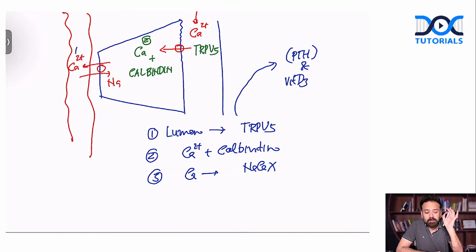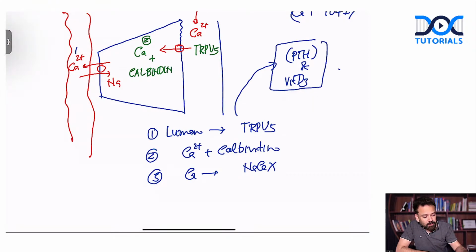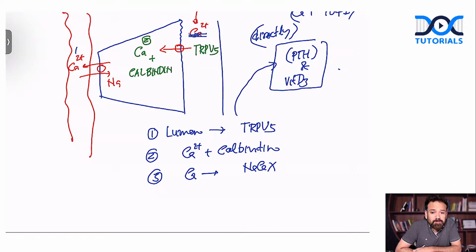It is happening in the kidney, and because of these actions calcium increases in the blood and phosphate decreases in the blood. And these actions are controlled directly by parathormone and vitamin D3. So we know vitamin D3 and parathormone both have action on the kidney, but this is direct.